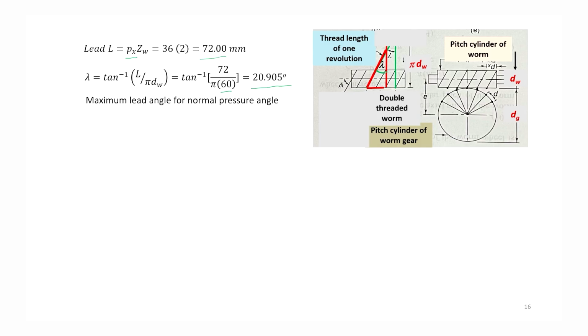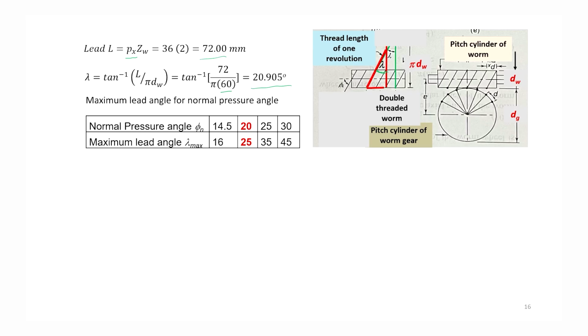The maximum lead angle for normal pressure angle is given in this table. We have to check whether the lead angle we obtained is within this limit or not. For the normal pressure angle of 20 degree which we had selected, the maximum allowable lead angle is 25 degree, and the calculated lead angle is 20.905, and so it is acceptable.